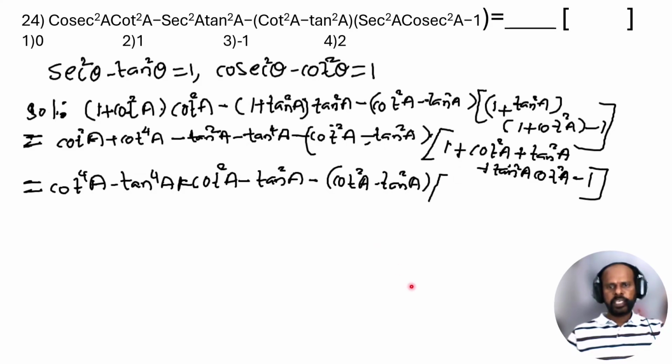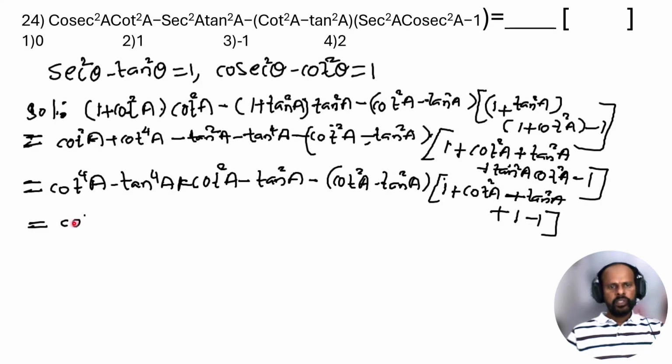And in this bracket what changes, you know, 1 plus cot square A plus tan square A, and you know here tan and cot both are reciprocals, so they get cancelled, it becomes 1 and minus 1, and here 1 minus 1 gets cancelled.